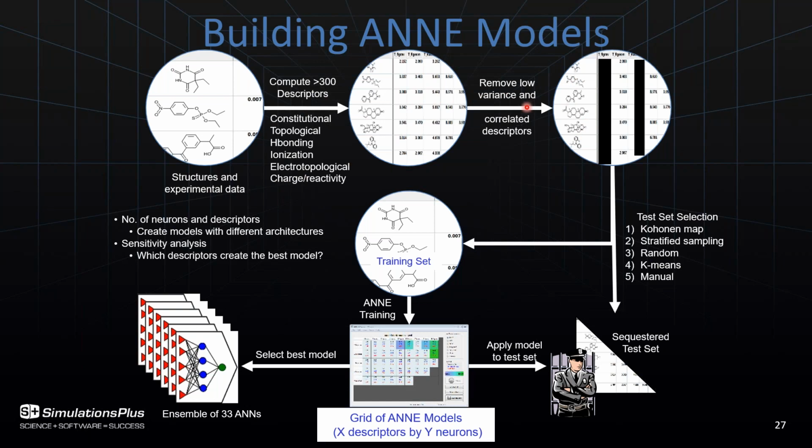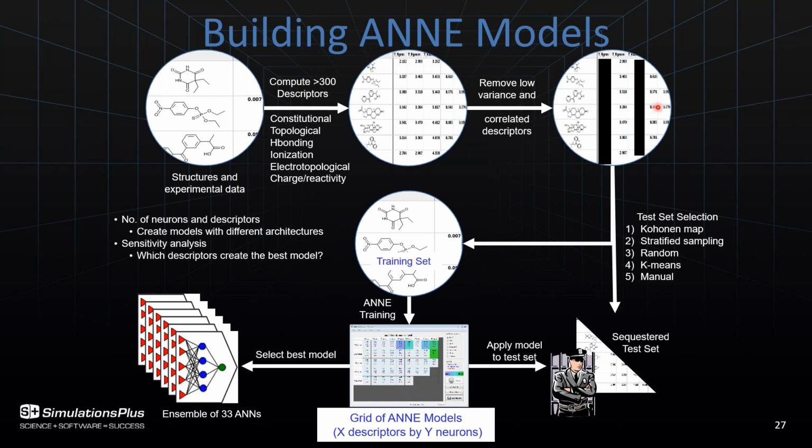Then we analyze these descriptors. So first we remove low variance descriptors. So let's say your data set has no bromine atoms and you have a descriptor that is the number of bromines. Well, that column is just going to be zeros, and we would throw that out because you're not going to be able to predict the difference in the biological activity with a column of zeros.